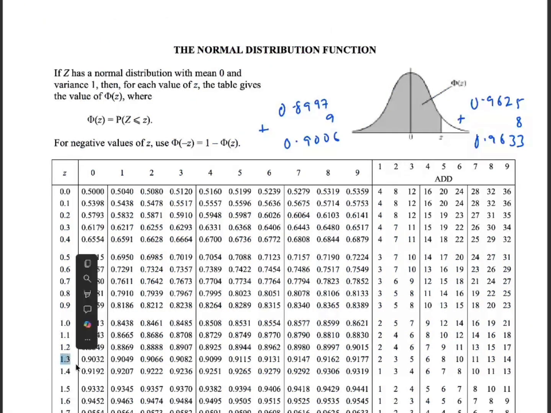1.3, then the next digit is 4, so 0.9099. Then we're going to add 3 to it since our next digit is 2. So 0.9099 plus 3 as our last digit. This is going to give us 0.9102.